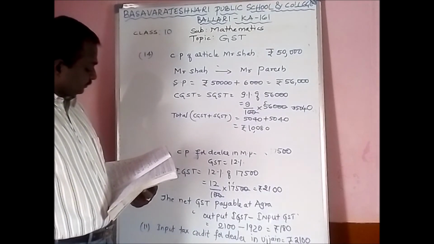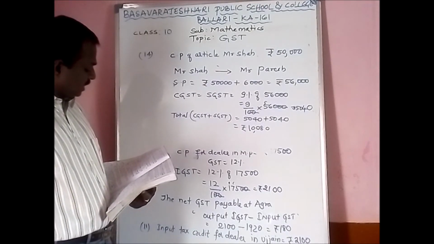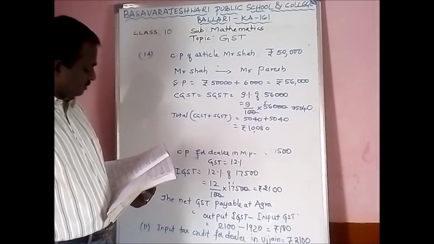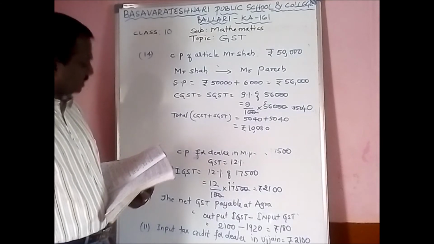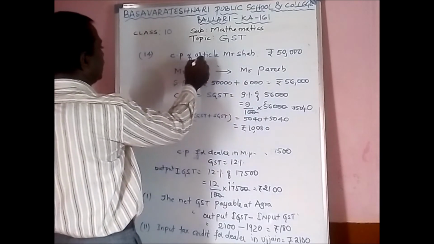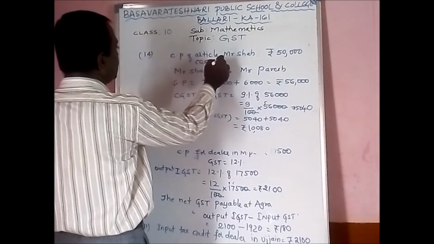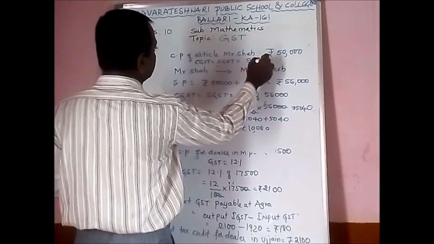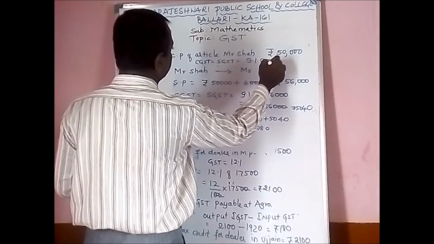Now, what is he doing? 50,000 also you have to find out, isn't it? Here also, because it is purchased, the article means here also CGST will come into picture. CGST is equal to SGST, that is 9% of 50,000.